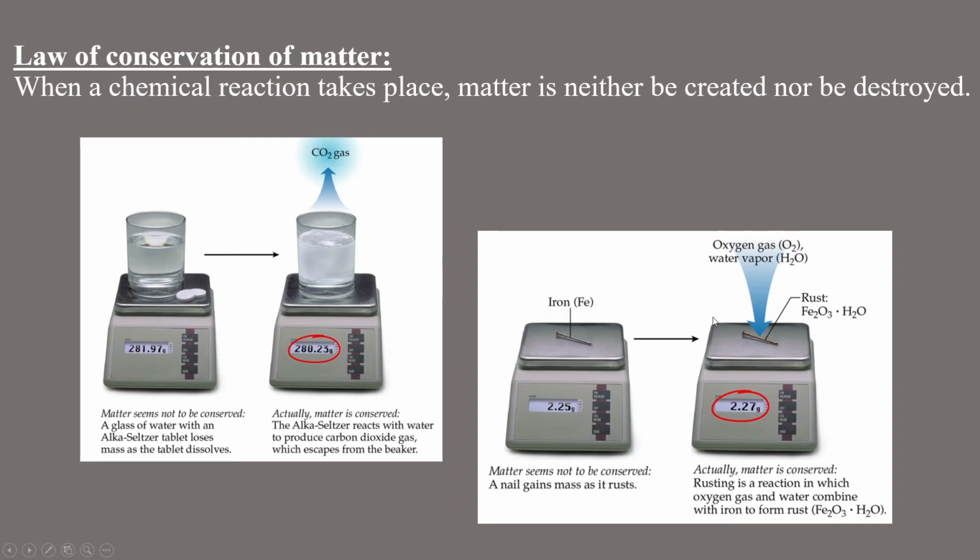So matter is not created in this reaction, but it is conserved. To confirm the law of conservation of matter, a number of experiments were carried out in sealed vessels where no matter can enter or leave the vessel. And under these conditions, it was confirmed that matter is always conserved.